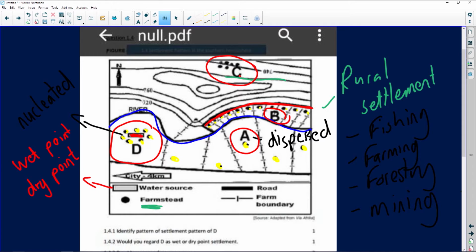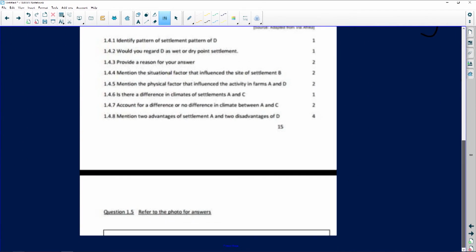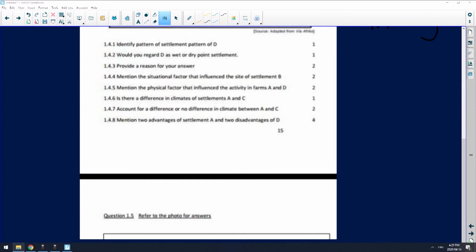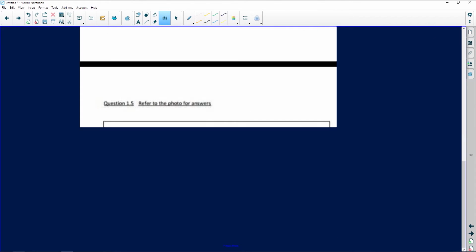Pay attention to settlement C. As you can see, look at the contour lines. What do we know about contour lines? Let's just quickly revise a little bit of map work while we're at it. If the contour lines are close to one another, we know it's a steep gradient.